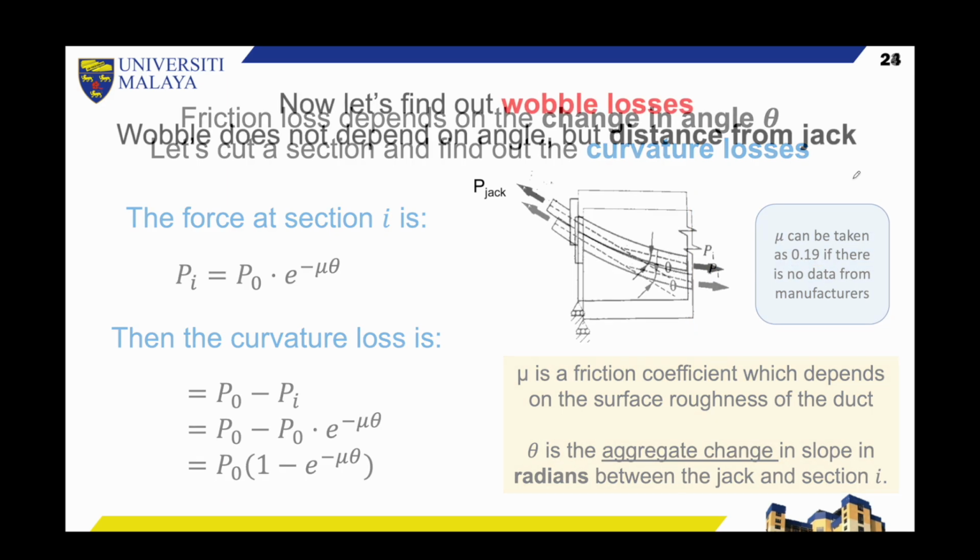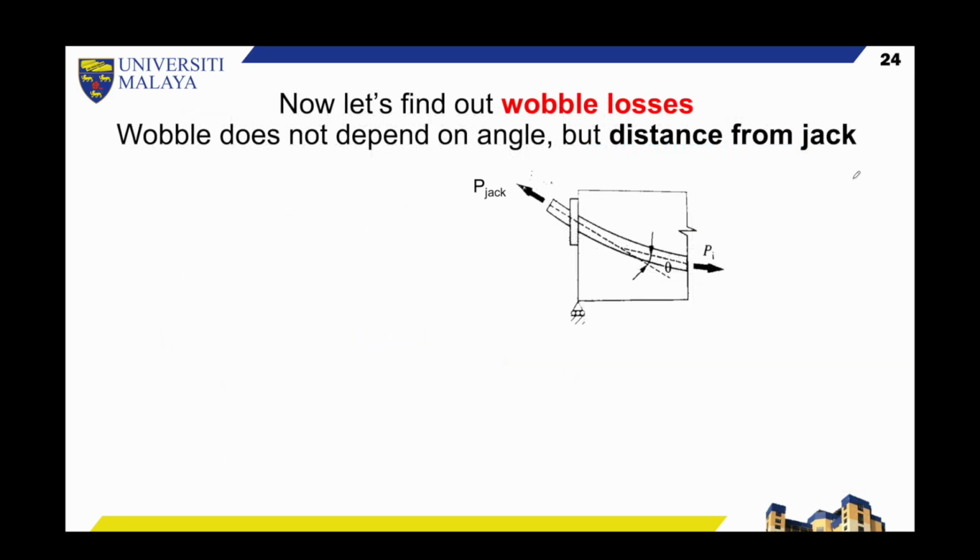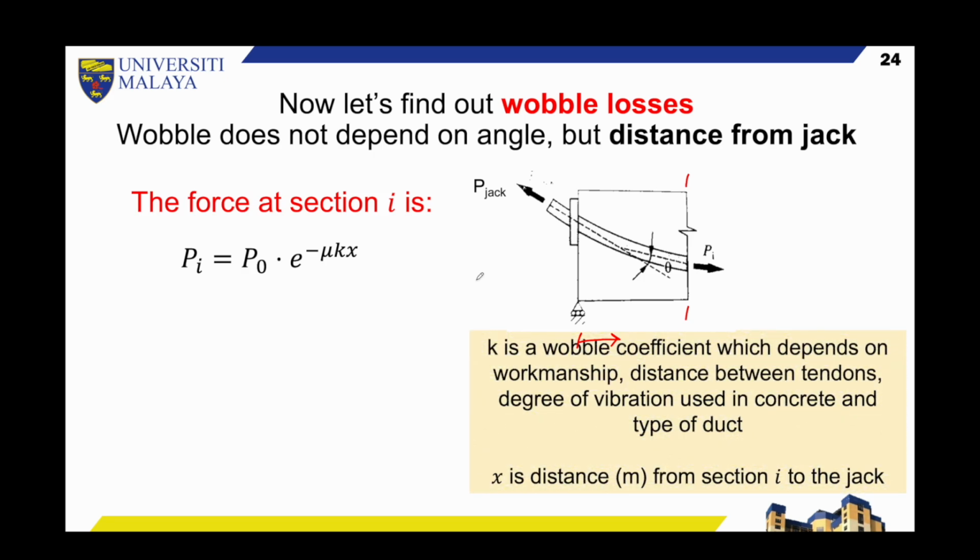Now let's look at wobble. Wobble does not depend on angle, but it depends on the distance from the jack itself. So again, the force at section I here is P naught times E raised to the power of negative mu, but this time it's not theta, it's K multiplied by X. K is the wobble coefficient, depends on the workmanship, the quality of the installation of the ducts.